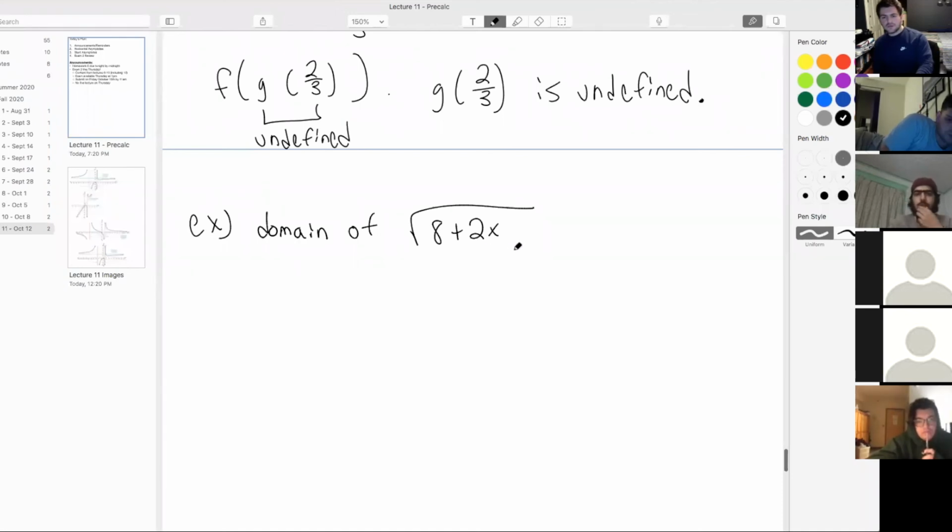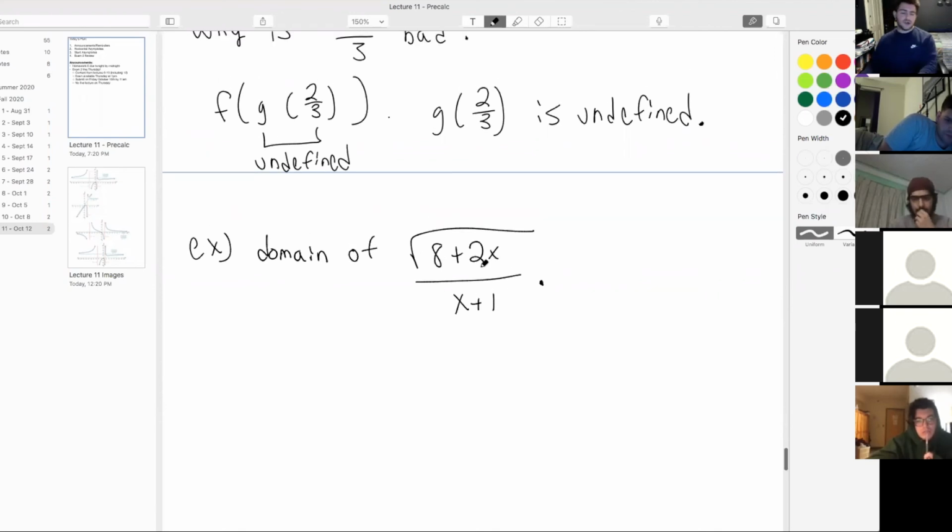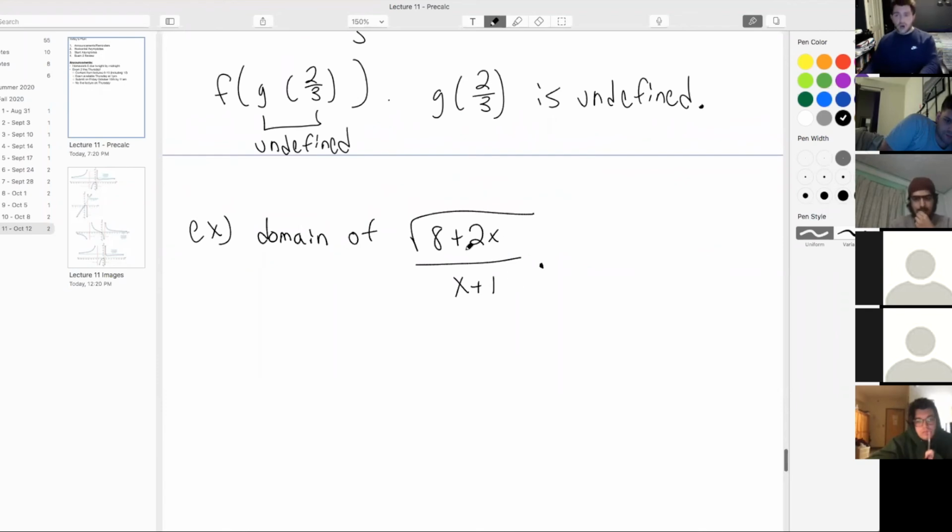8 plus 2x over x plus 1. So this is not a composite function now; this is just the domain of a function. There are two things we need to check for: one, dividing by 0, and two, taking square roots of negative numbers.